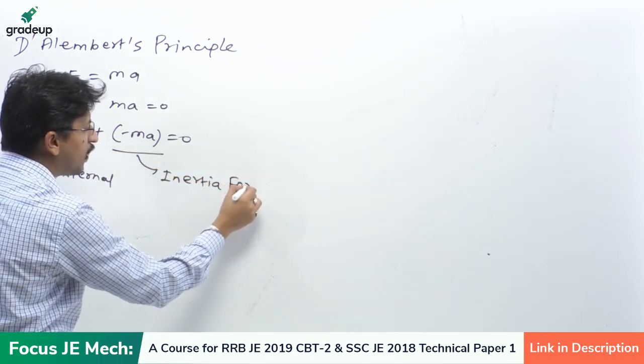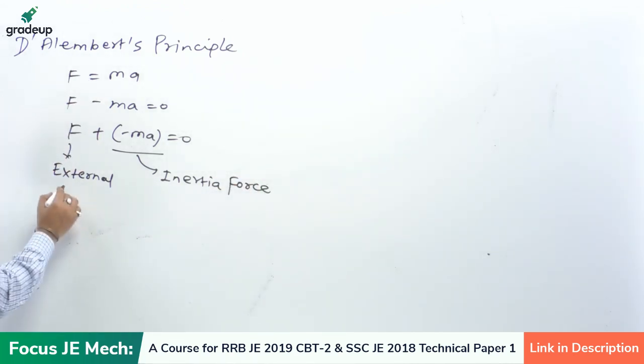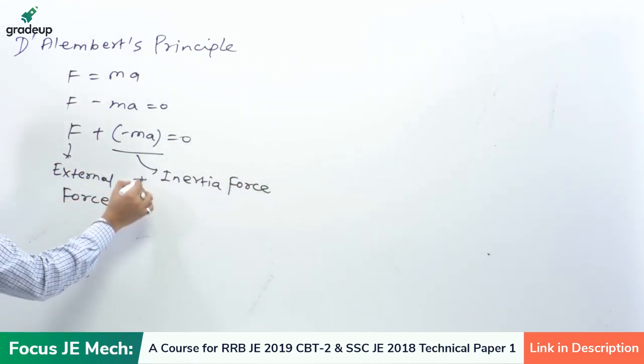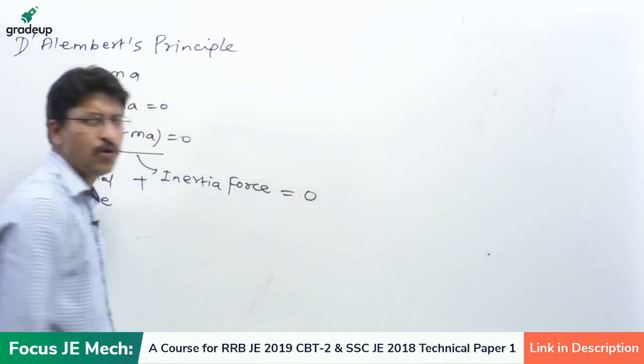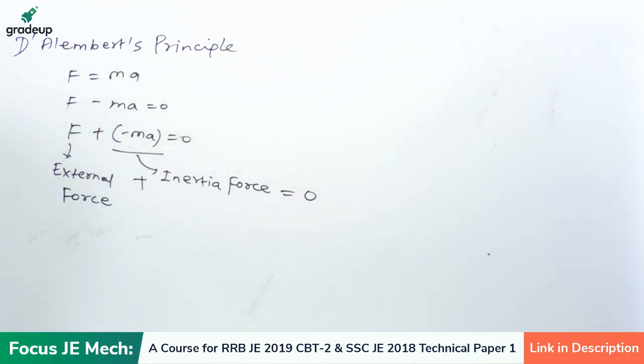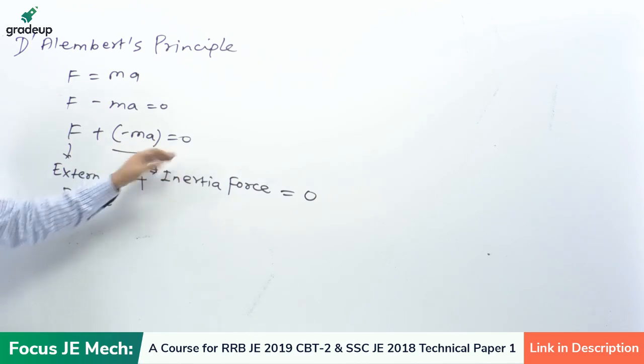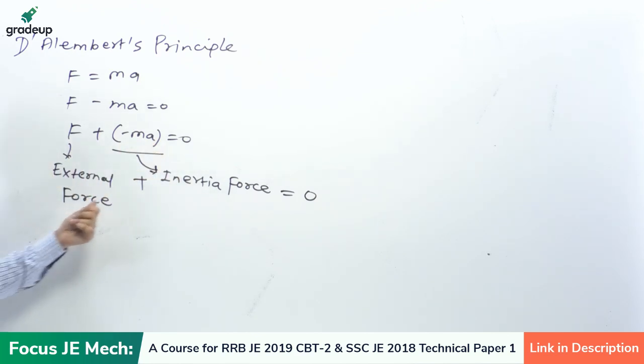So according to D'Alembert, the sum of external force and inertia force is always equal to 0. Clear? What do you mean by D'Alembert's principle? It says the sum of external force plus inertia force is equal to 0, where inertia force is minus m into a. Tell me everyone, is this clear?